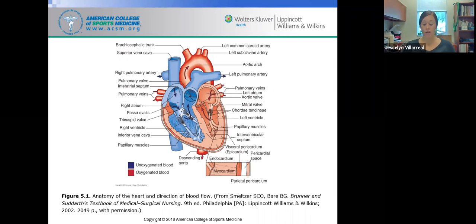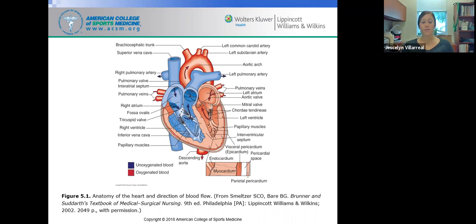Figure 5.1 is here, and you have a picture of the anatomy of the heart and the direction of blood flow. Okay, so when we think about the heart, we've got to think about what it's surrounded by. And it's surrounded by the thoracic vertebral column in the back, your lungs on the sides, and your chest wall, which is your sternum and ribs in the front.